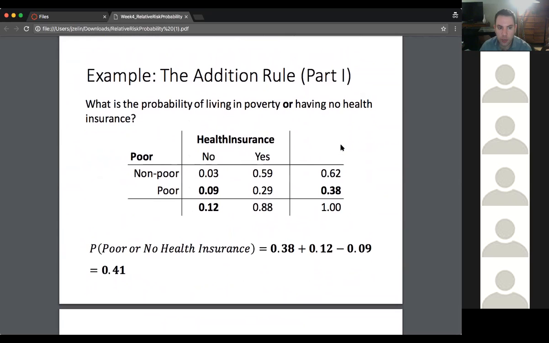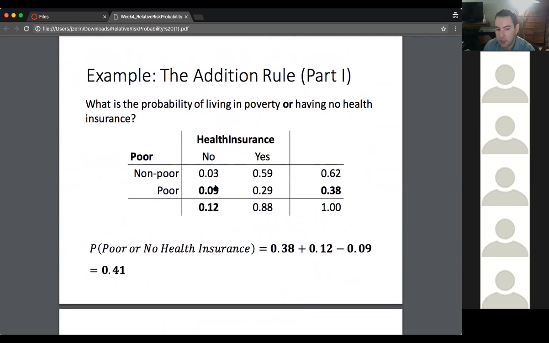So here, if we want to know what the probability is of living in poverty or having no health insurance, the way we could calculate that is we're looking at those who are poor, which is 0.38, and we're looking at those who have no health insurance, which is 0.12. And those who have no health insurance and are living in poverty is 0.09.